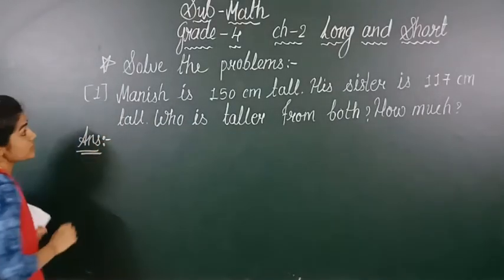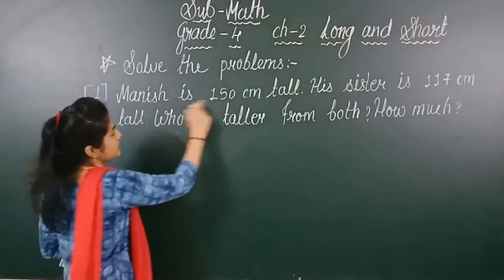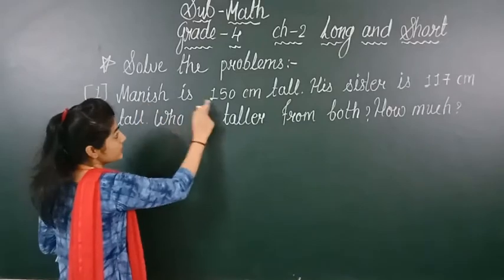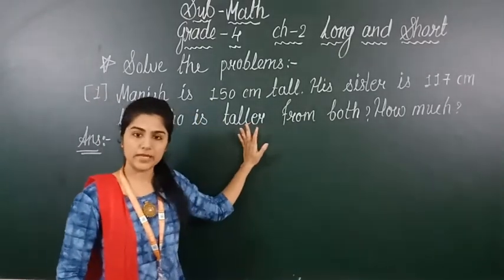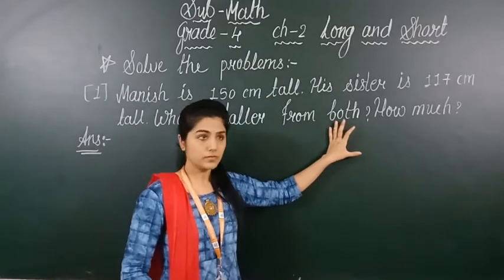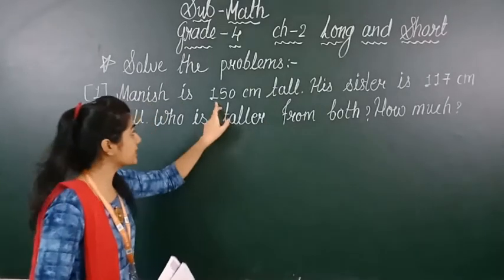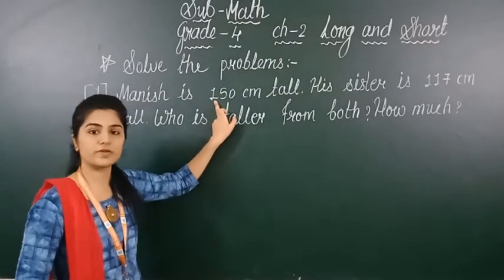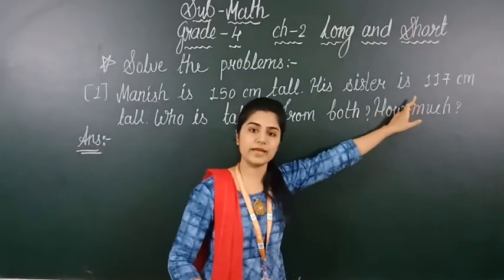First we are writing the statement and information of that. First we have to write this 150 centimeter. Why? Because we have to do subtraction, because we have to find the difference between both of them, right? So first we are writing 150 centimeter because 150 centimeter is bigger than this 117 centimeter.